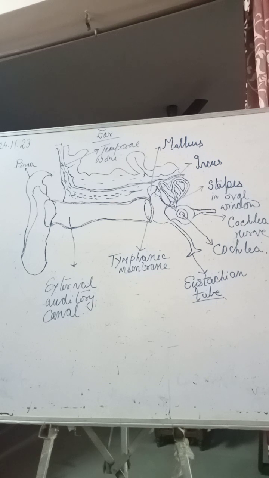As a result, nerve impulses have been generated in the associated afferent neurons. These impulses are then transmitted to the auditory cortex of the brain, and then we are able to analyze and recognize the sound properly. So this is how the mechanism of hearing takes place.